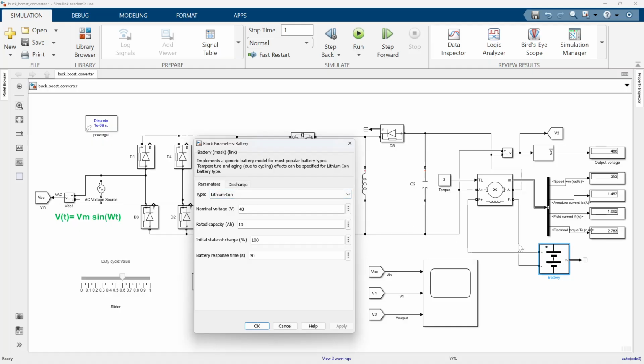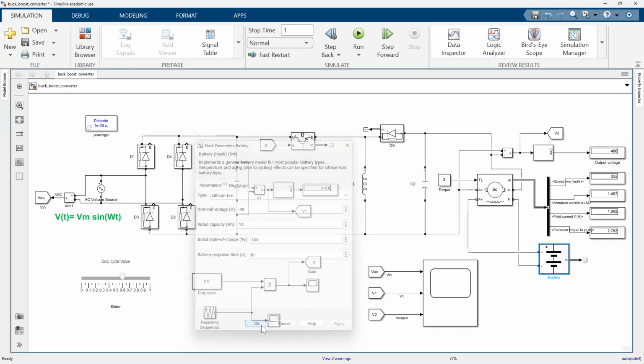This is done by connecting it to a battery of nominal voltage 48, rated capacity of 10 Ah, and its initial state of the battery charge is 100%. The battery response time is 30 seconds.